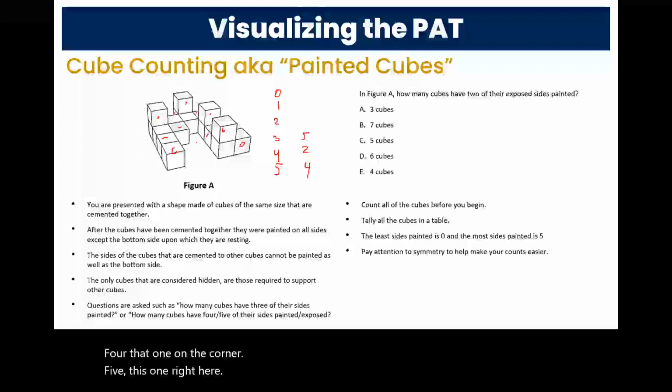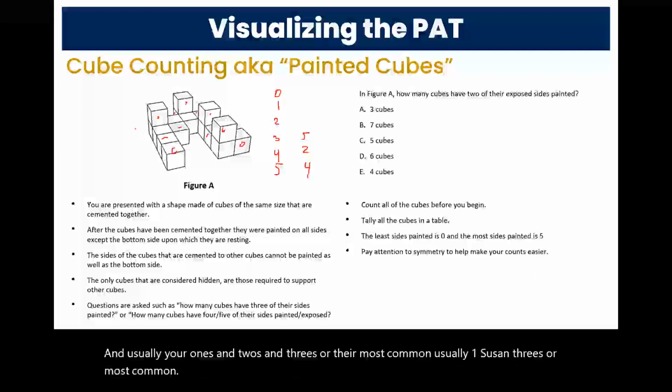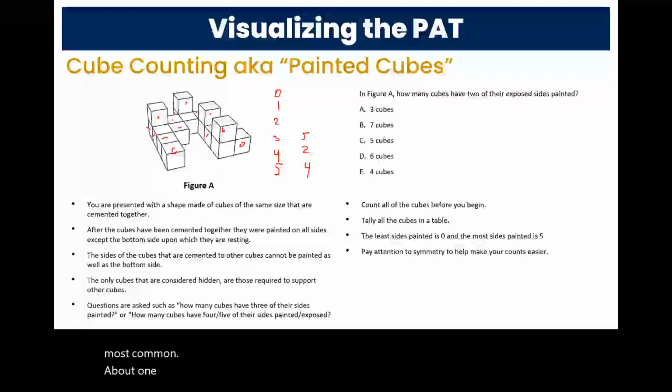Two sides, and usually your 1s, 2s, and 3s are most common. I've got 1, 2, 3, 4, 5, 6 with 2 sides.